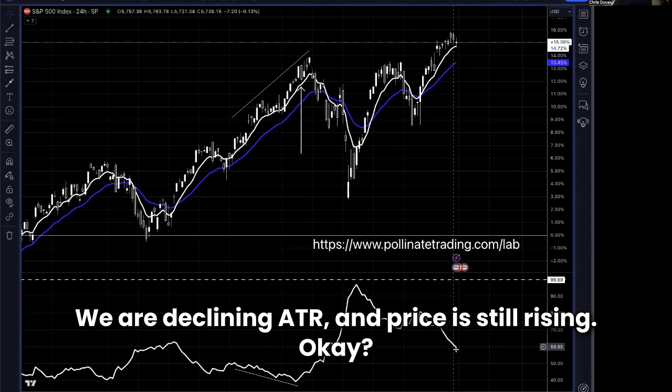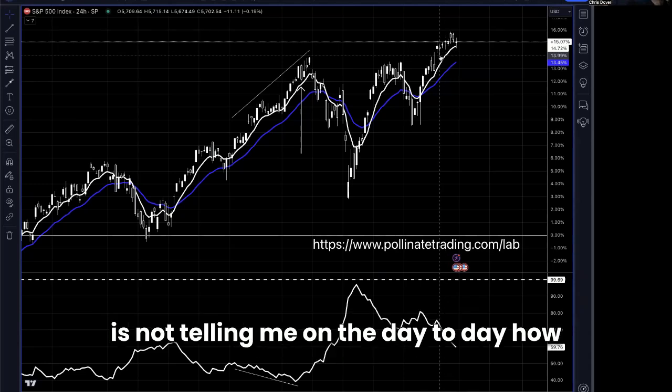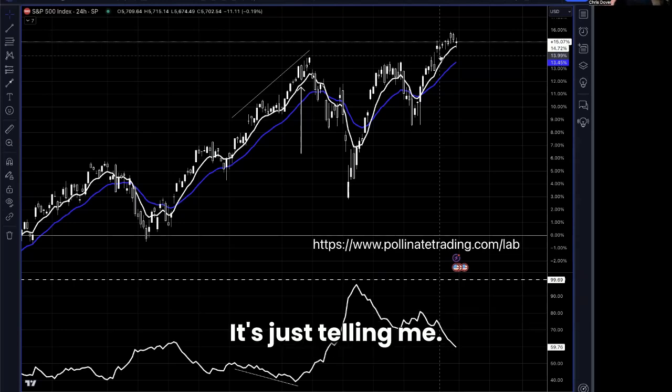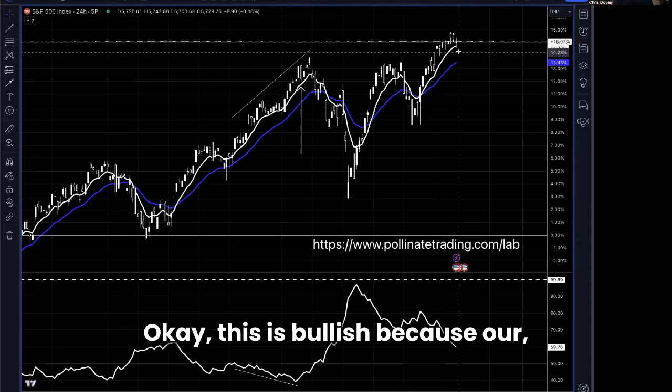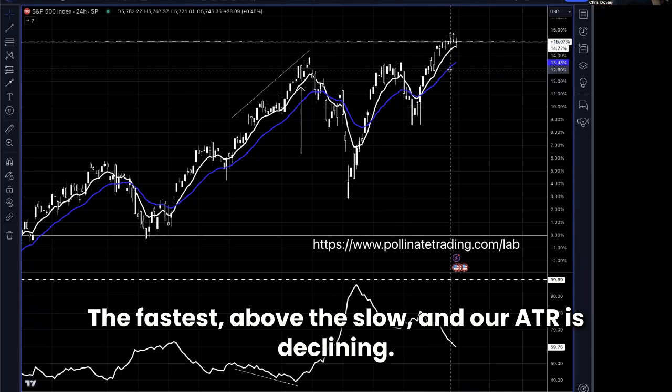Okay, we are declining ATR and price is still rising. Given this knowledge, again, this is not telling me how to trade every hour or every minute. It's just telling me this is bullish because our EMAs are up, we're above the fast and above the slow, and our ATR is declining.